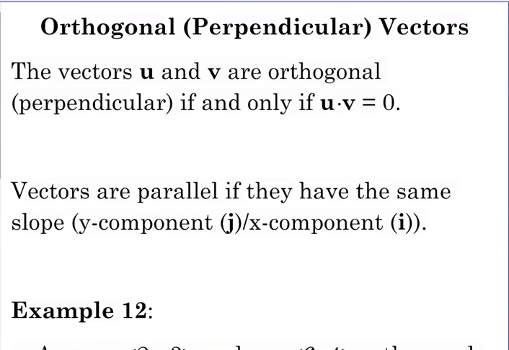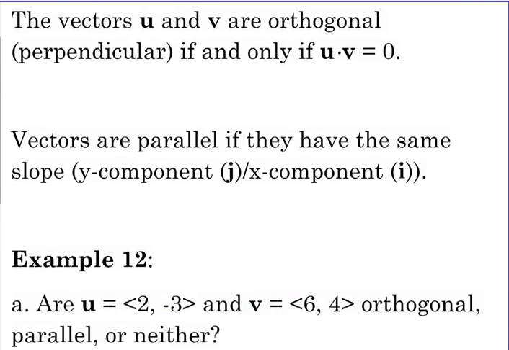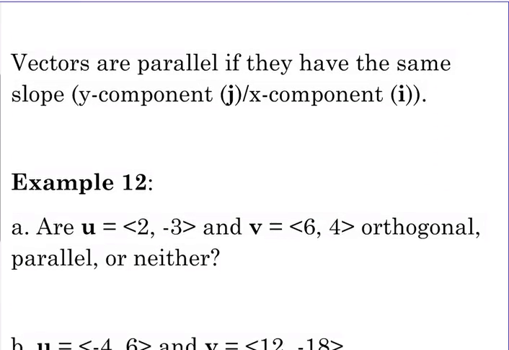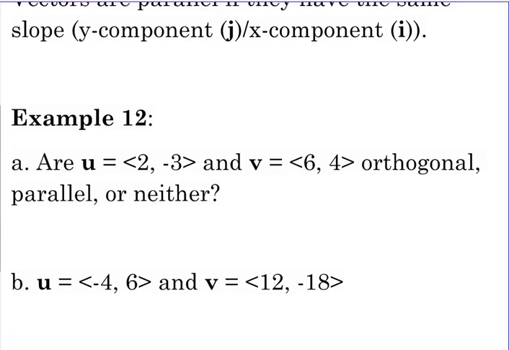So those are the two things we're going to check if the question is, are they orthogonal, parallel, or neither? If they're orthogonal, the dot product is going to equal 0. If they're parallel, their y component over their x component is going to be the same, or it could be the opposite, because vectors have direction. A slope of positive 2 and a slope of negative 2, technically those are parallel vectors. One's just headed in the other direction. And neither is if neither of those two things apply.